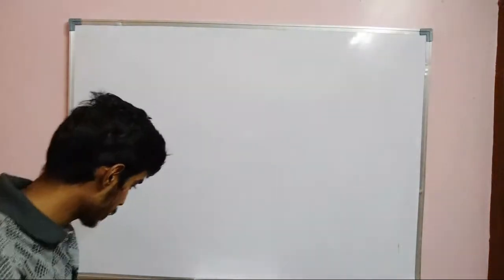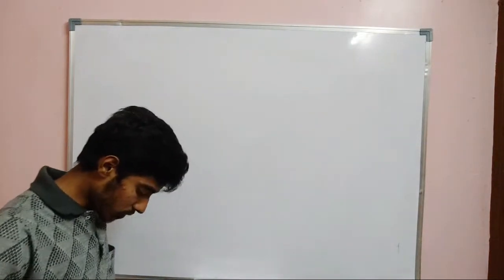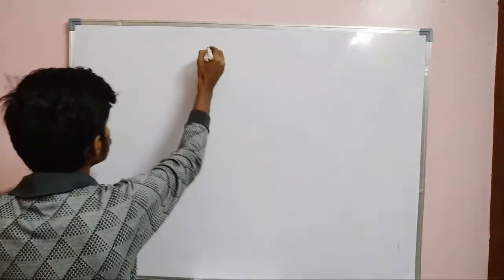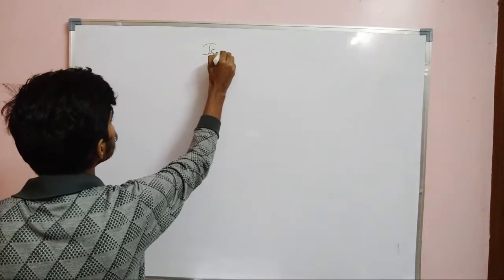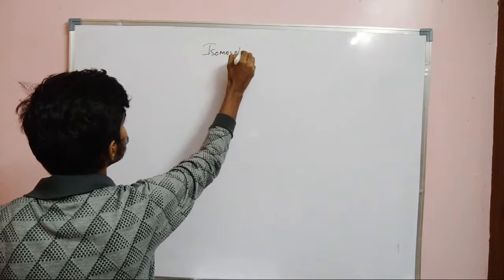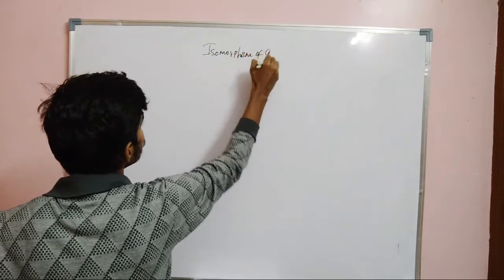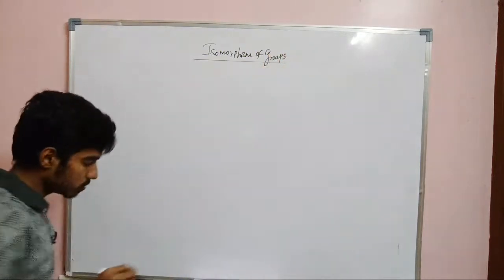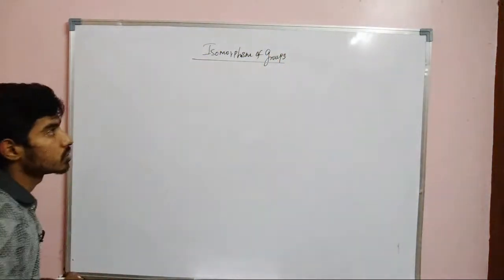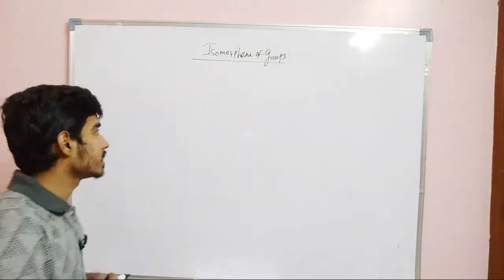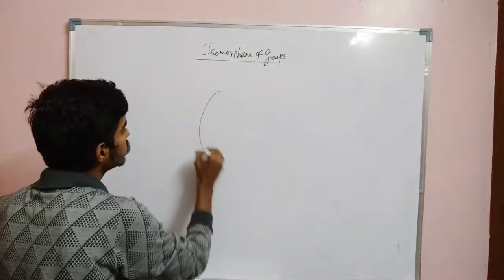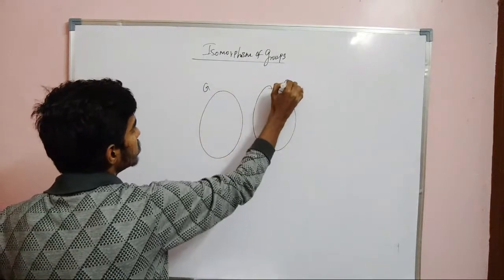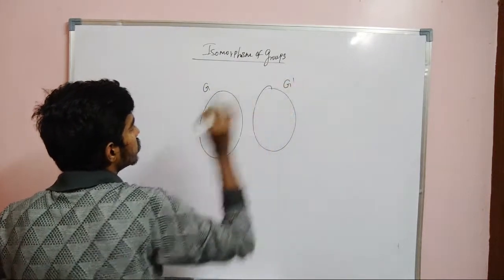Okay, we will start isomorphisms of groups, right? So we have completed 3 topics. Isomorphisms of groups, right? So what this means is, suppose we have two groups, let us say G, and let us say we have another group G dash, right?